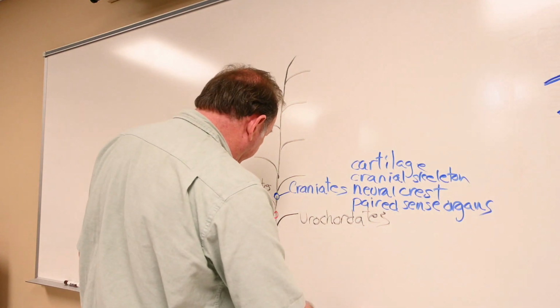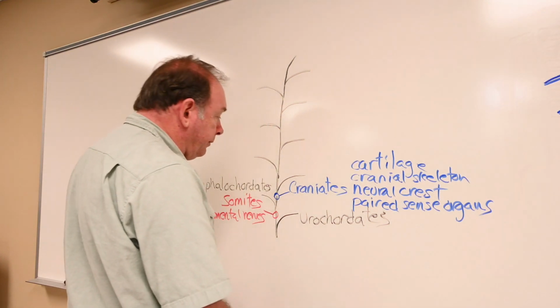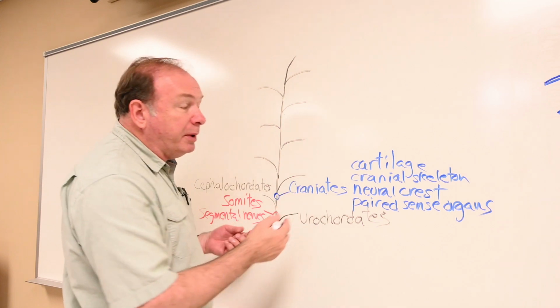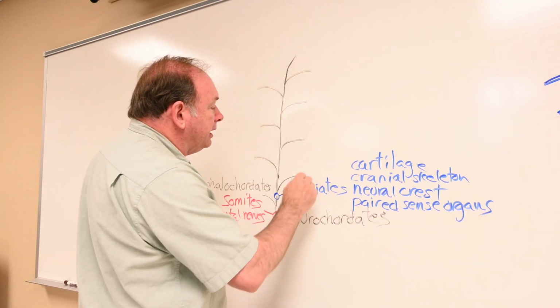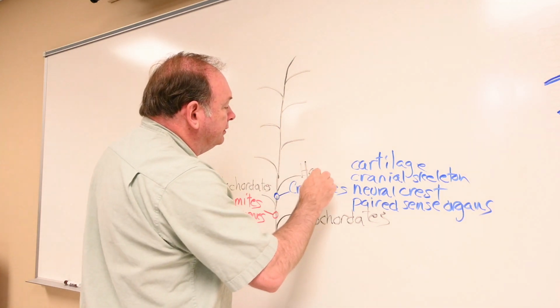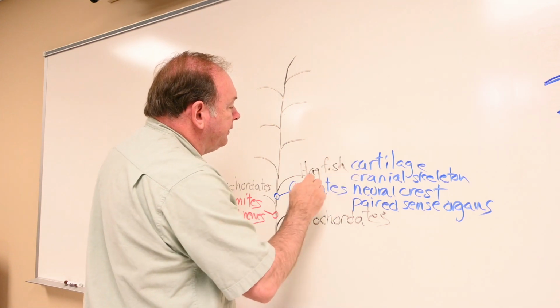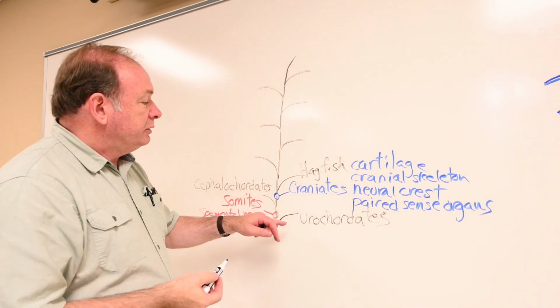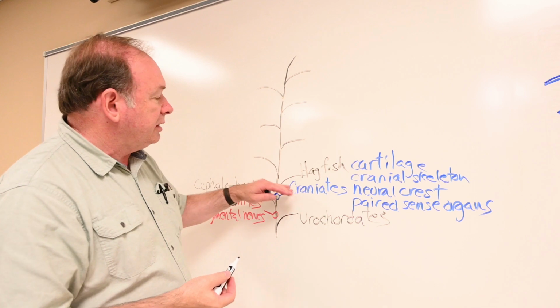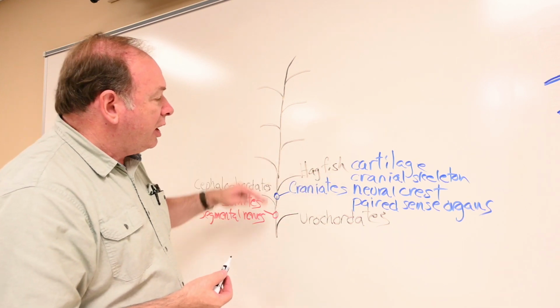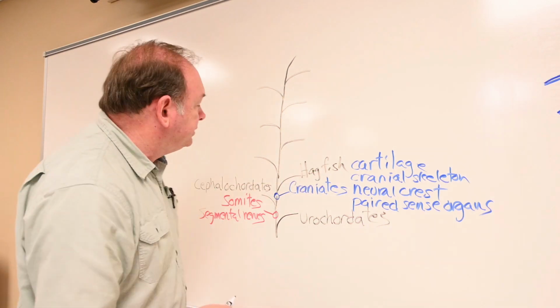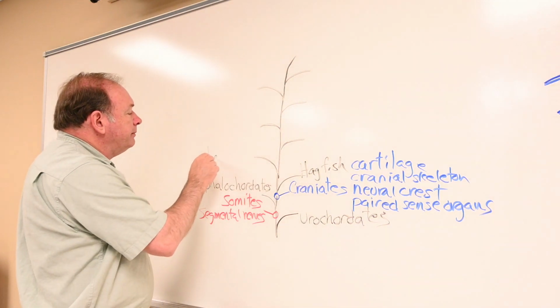And what is our example of the craniate group there? Our most primitive form of craniate is the hagfish. The hagfish. So we've got urochordates, cephalochordates. Our first craniate is the hagfish. Our next group up the list here is going to be the lamprey.